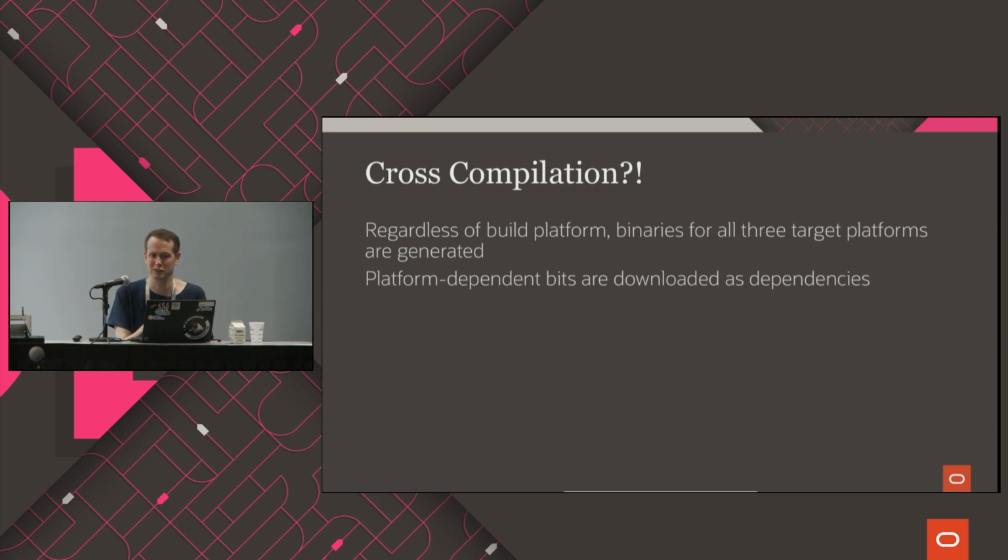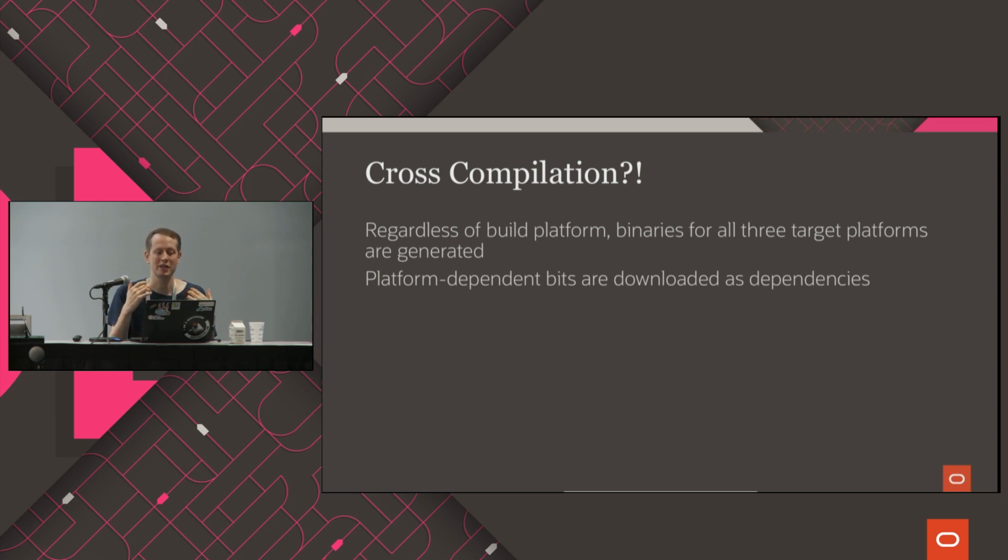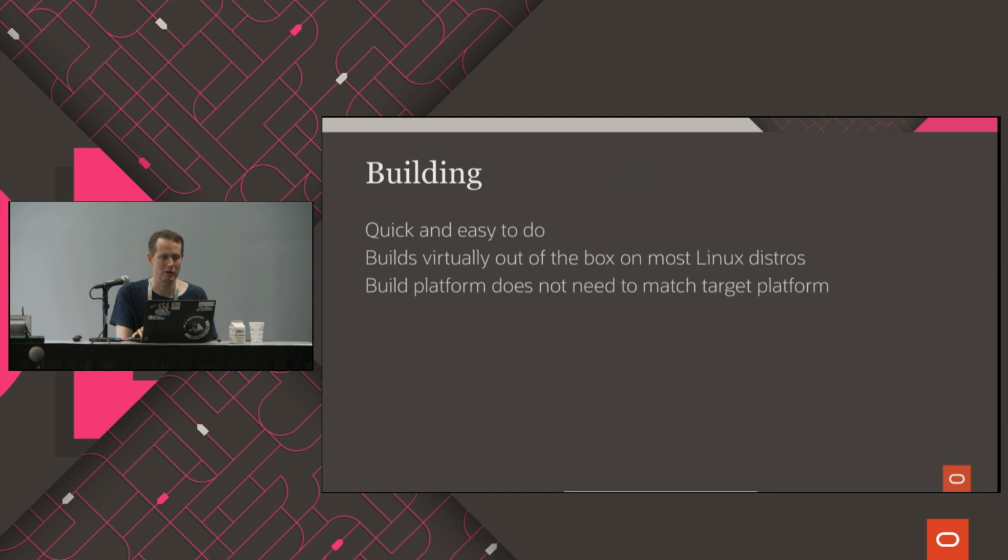So we're not really cross-compiling, but all the platform-specific dependencies get pulled down. So when we're done with this build process, like say we wanted Mission Control to run on Windows, I could choose to do that build on Linux just because Linux is easiest and I'm closest to building it right out of the box as soon as I turn the machine on. And then I can use those builds on whatever platform I want.